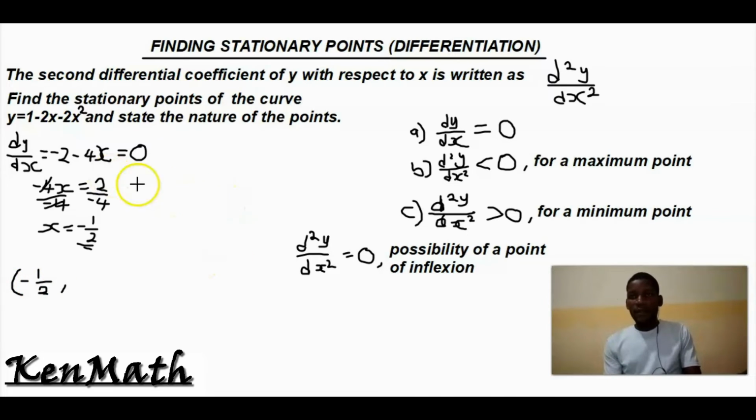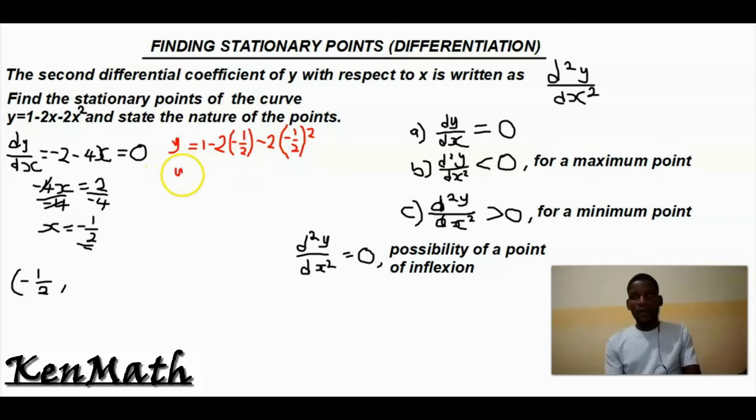Now for us to find the point of y, we're going to use the original equation. So we're going to say y is equal to 1 minus 2, where there is x, we replace with negative 1 over 2, and then minus 2, where there is x, we replace with negative 1 over 2, and then close, and there is a square on top.